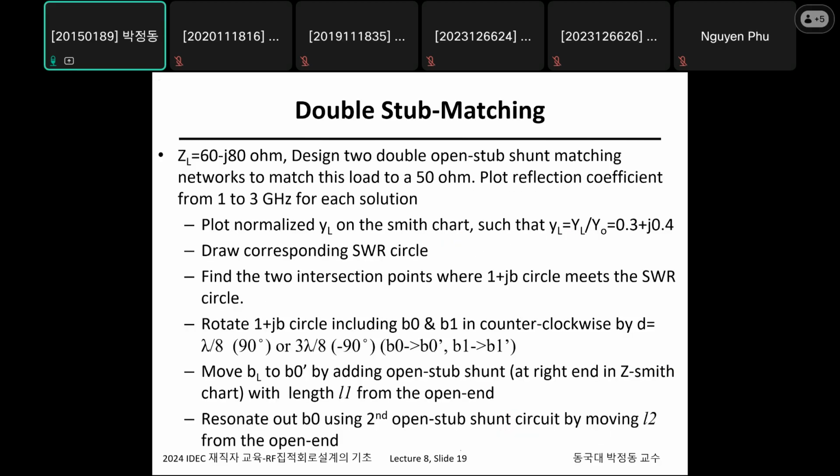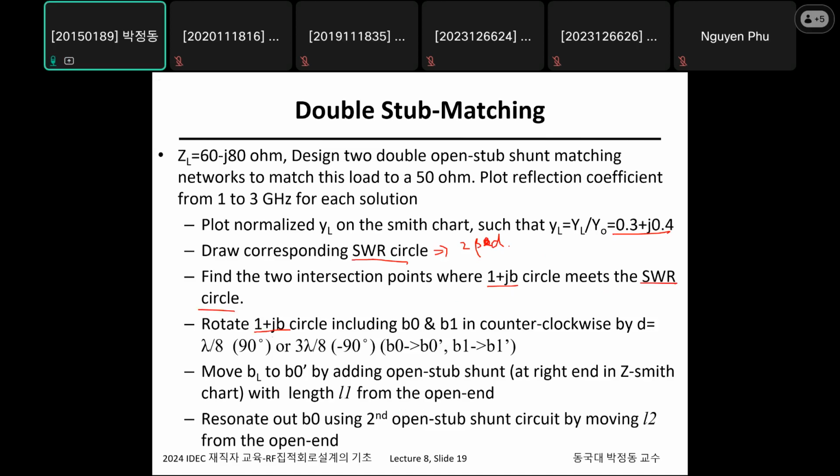So here is an example. So plot the normalized Y like this, and draw corresponding stabilized circle, which track this phase, right? Find the two intersection points where 1 plus jB meets this stabilized circle. And rotate this, right?